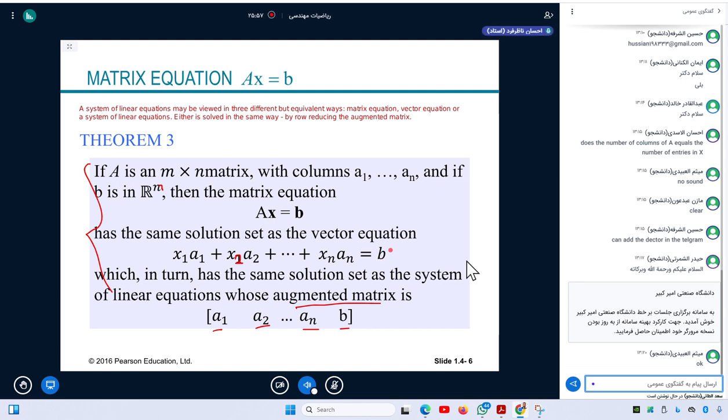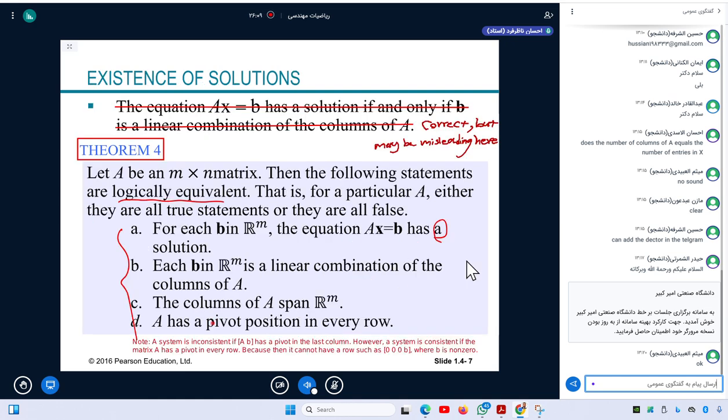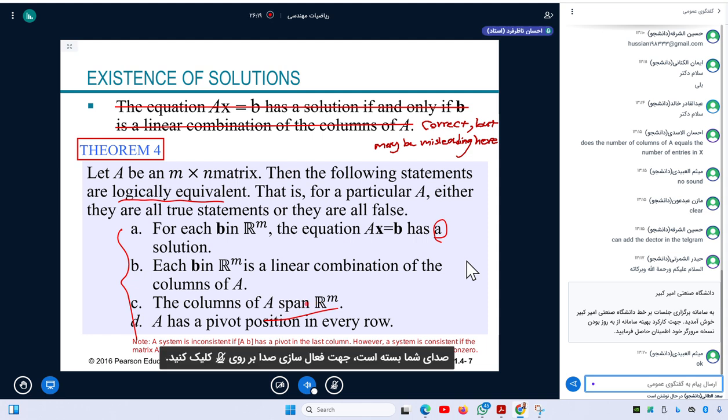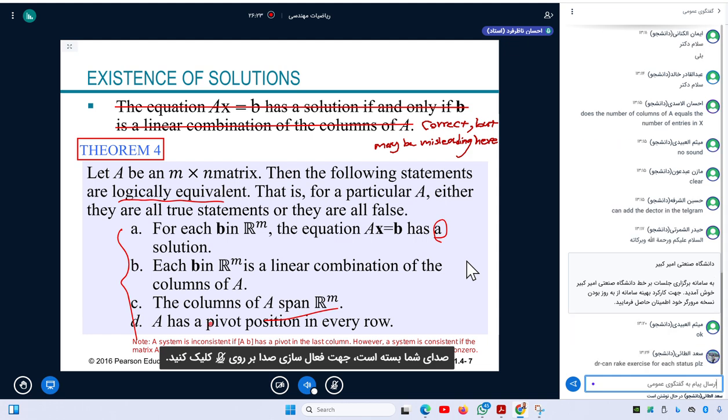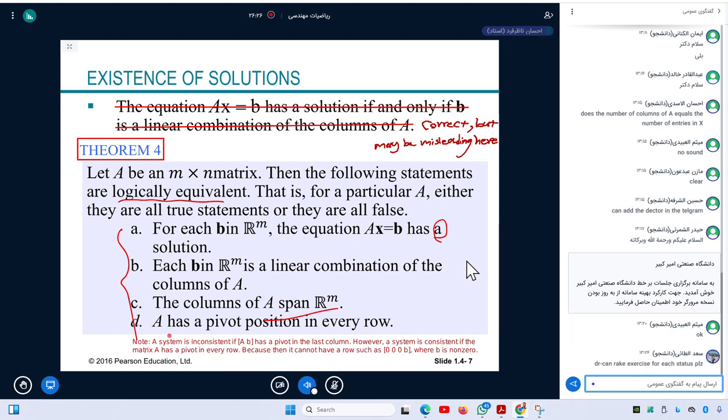So see here, B is a linear combination of the columns of A. This is a column A, this is a column A, and so forth. And this is a linear combination of that. And the columns of A span Rm. Span means it covers, it generates Rm. If you don't get it fully, you need to go back and refresh your mind. And A has a pivot position in every row.